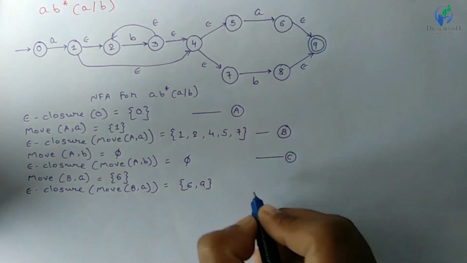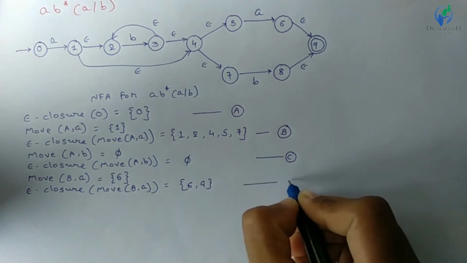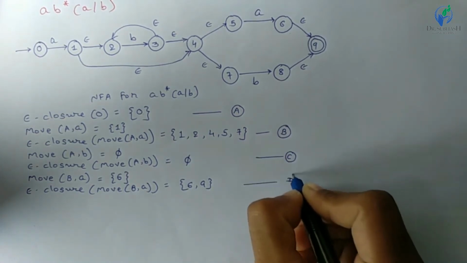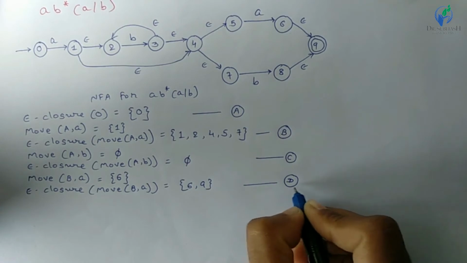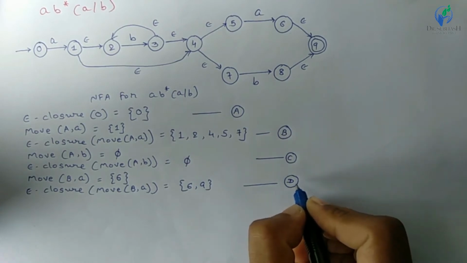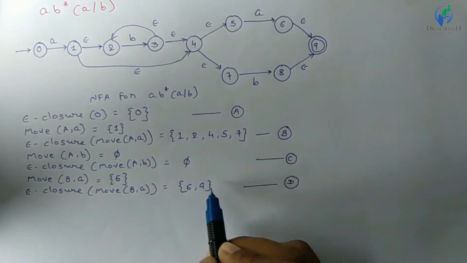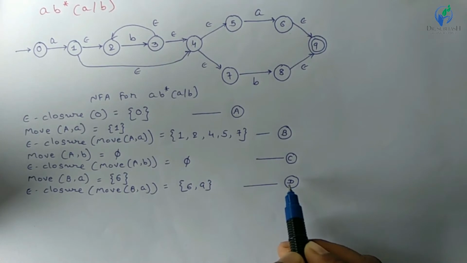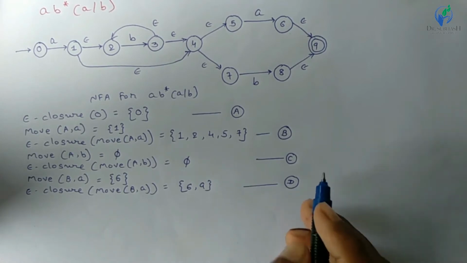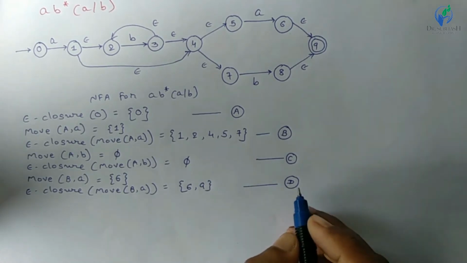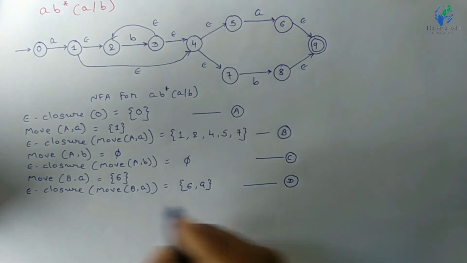So this state is indicated by D. So in the DFA your D state is a final state because 9 is included in it. So D is also a final state in the DFA.